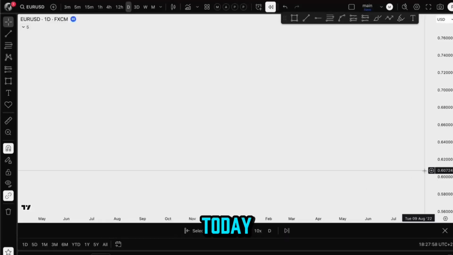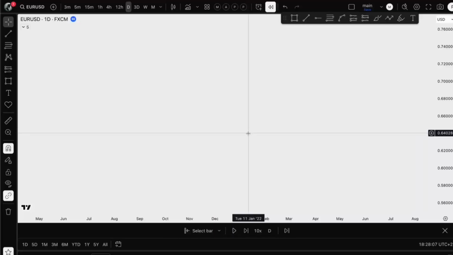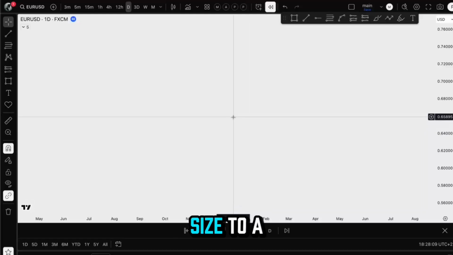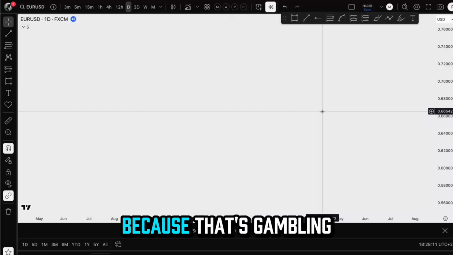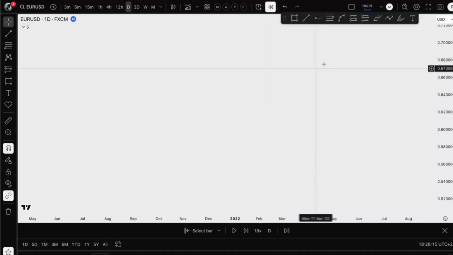Okay guys, so today I want to explain how I scale into winning trades. Obviously, I'm never going to add size to a loser, because that's gambling and we are here to win.